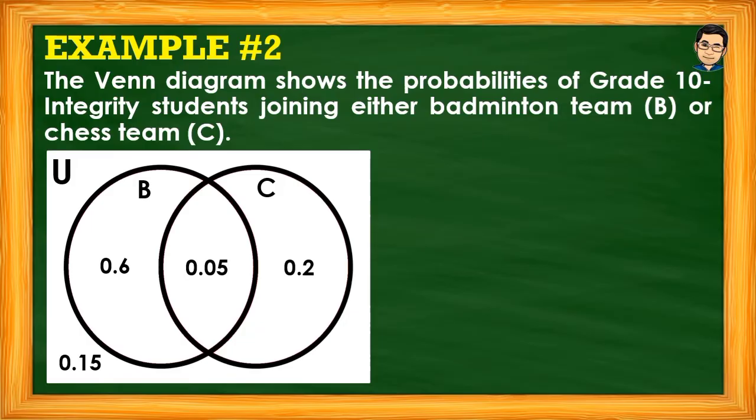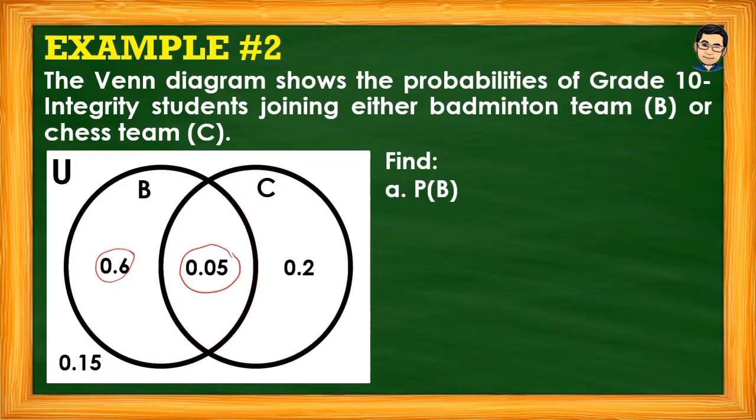So, dito, given na. So, let's have letter A. So, probability of badminton team. Okay, so, ang gagawin lang po natin dito, i-add lang po natin yung probability wherein badminton team only lang yung sinalihan, which is 0.6, and then yung mismong intersection nila. So may mga students kasi na who would like to join both team.